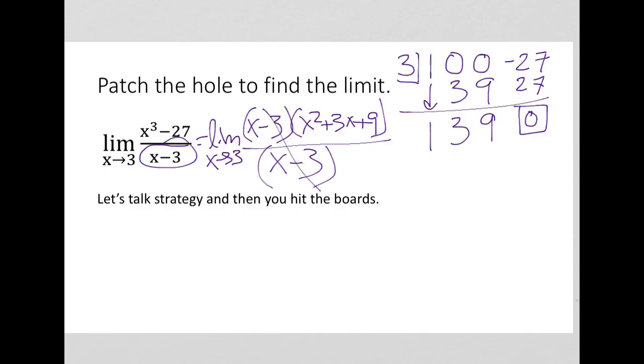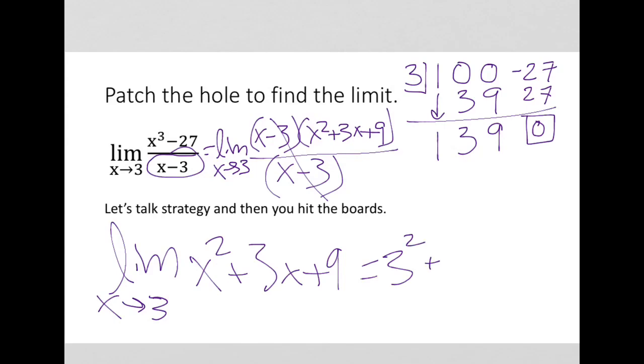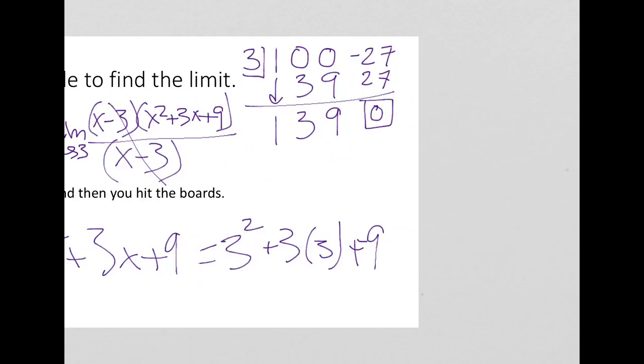So again, I get a hole, and so I can now answer this limit question. Limit as x goes to 3 of x squared plus 3x plus 9. And now I can directly substitute it in to get 3 squared plus 3 times 3 plus 9, which is 27.